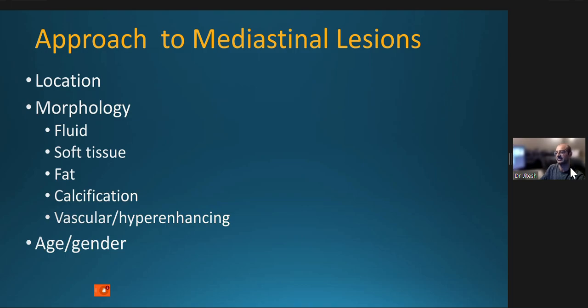Does it contain any calcification, any fat? What is the enhancement pattern? Is it hypervascular, non-vascular? Those are the features which help us to characterize these masses. And then finally, the patient's demographic, age, and gender are helpful in narrowing down our differential diagnosis.